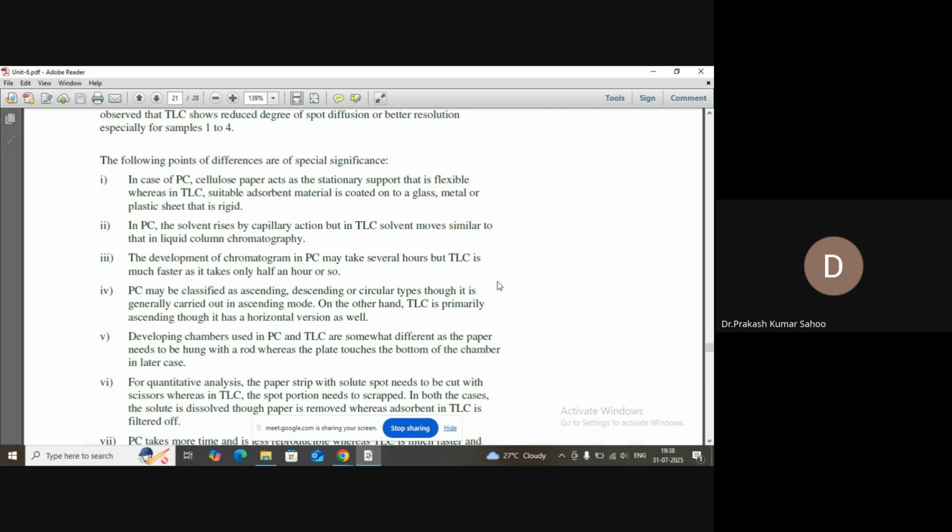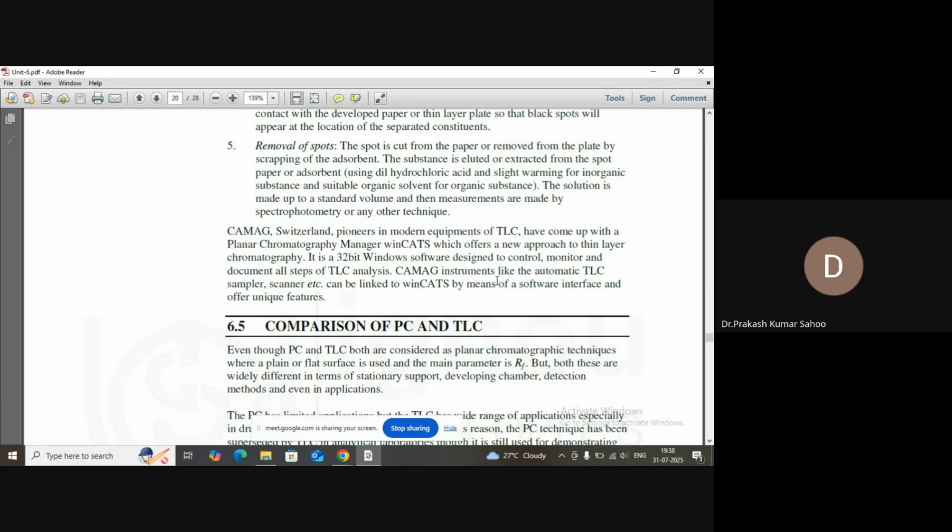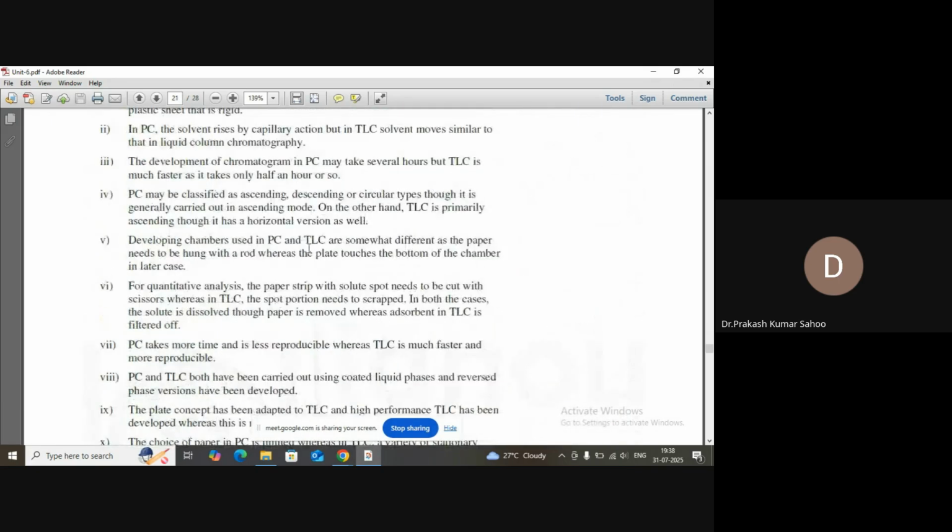The development of a chromatogram in PC may take several hours, but PLC is much faster as it takes only half an hour or so. So PLC is very fast. PC may be classified as ascending, descending, etc. But PLC is primarily ascending.